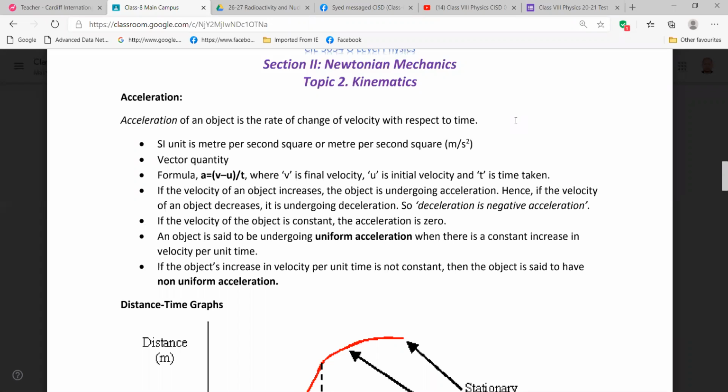The time required for increasing this velocity is 2 seconds. So we have three things here: one is the initial velocity, another one is the final velocity, and the third one is the time taken.